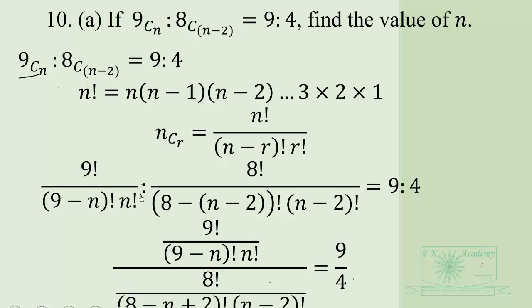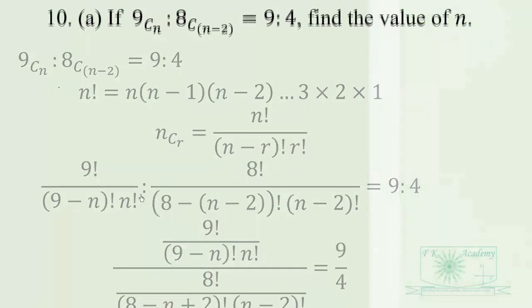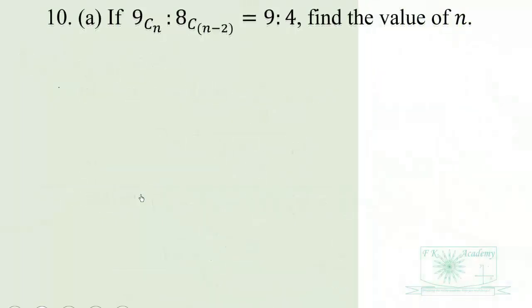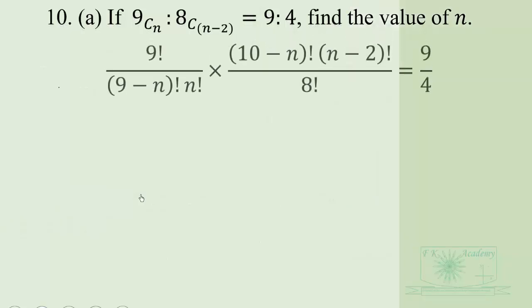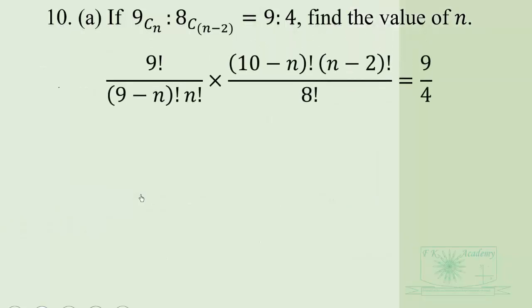So we continue. This will simplify to give us 10 minus n factorial, n minus 2 factorial times 9 factorial in the numerator, then 9 minus n factorial, n factorial, then 8 factorial in the denominator.